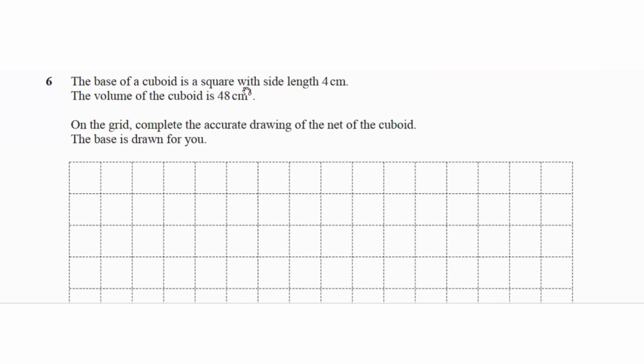The base of a cuboid is a square with side length 4 centimeters. The volume of the cuboid is 48 centimeters cubed. On the grid, complete the accurate drawing of the net of the cuboid. The base is drawn for you.